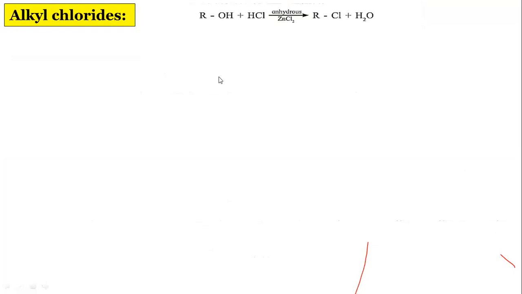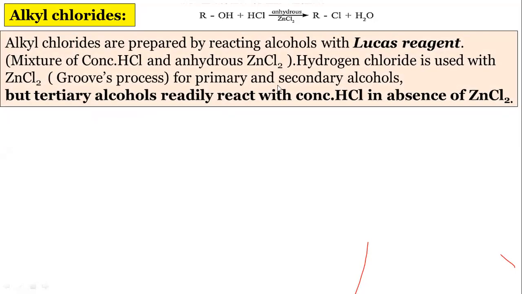Then alkyl chlorides. See, this ROH is converted into RCl by using the reagent anhydrous ZnCl2. This is a special type of reagent. The combination of concentrated HCl and anhydrous ZnCl2, this specific combination, is called Lucas reagent.